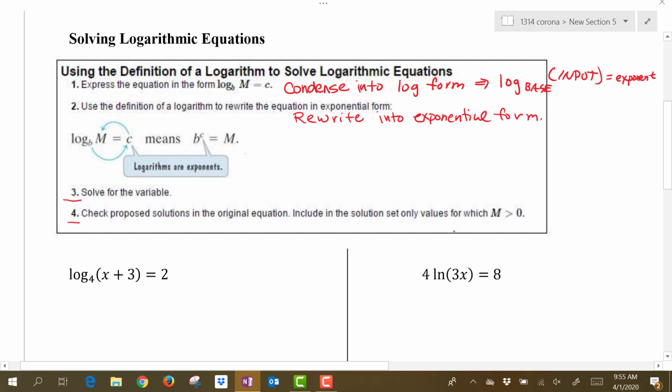We do want to make sure that the input, or the domain, is always greater than 0. So for logs, one of our rules was that the domain is always from 0 to infinity, not including 0. So we're going to make sure that the input for every log, when we go back and check our answer, is always greater than 0.